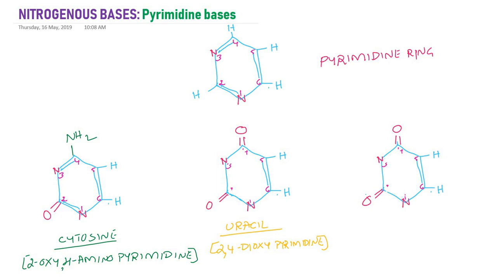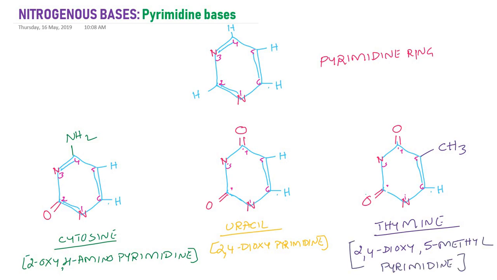Now the thymine, in the 5th carbon atom, this hydrogen is replaced by methyl group. So this is the only one base which contains methyl group. So this is our thymine. So the chemical name would be 2,4-dioxy 5-methyl-pyrimidine. So this is our thymine.